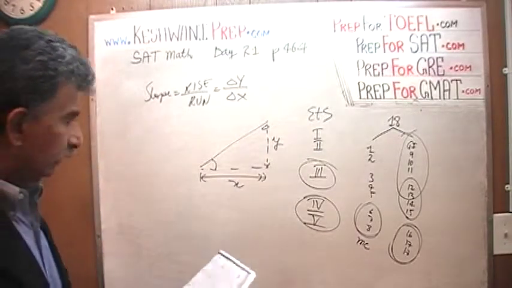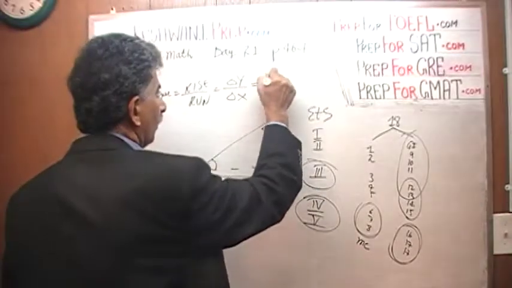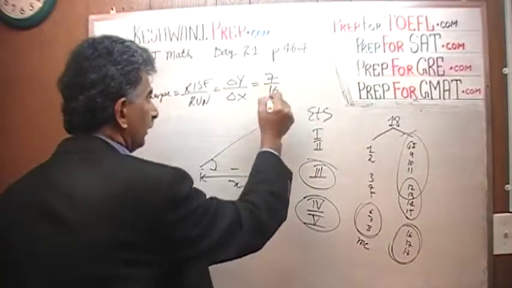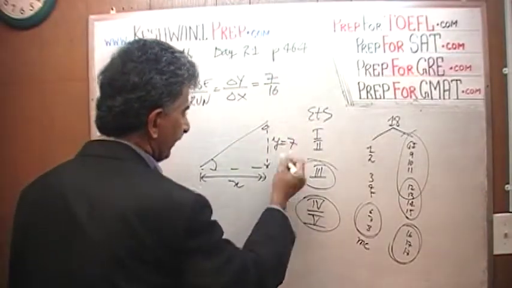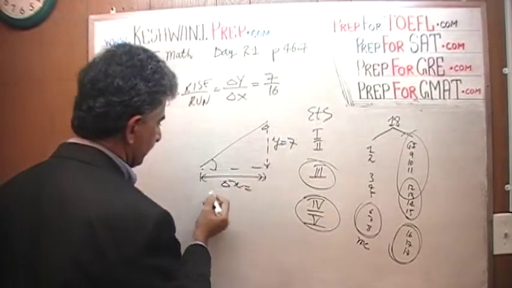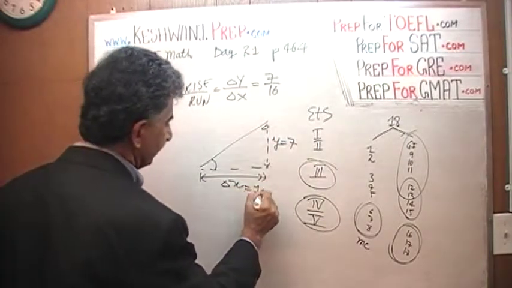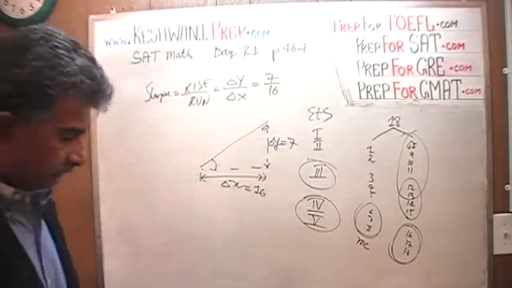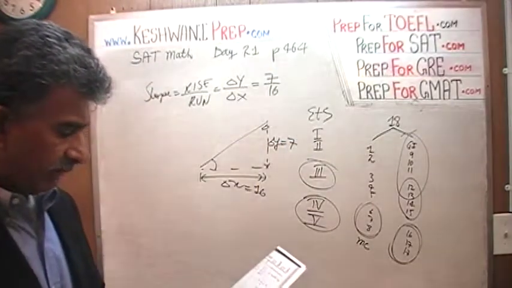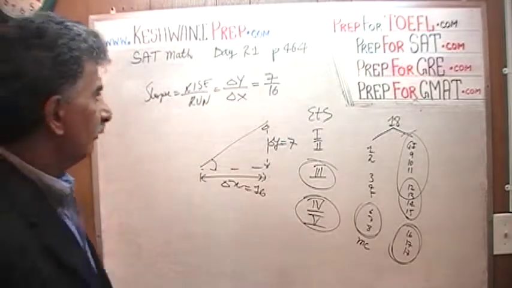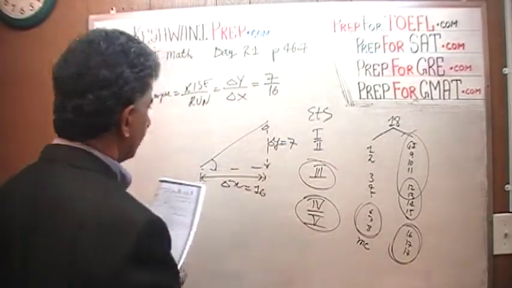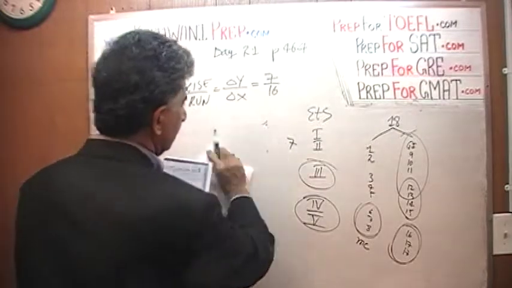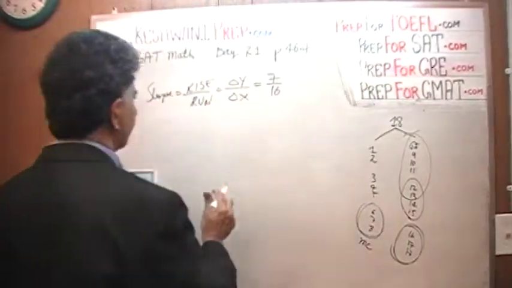The slope they tell you is 7/16. Which means this change in y must be 7, and this change in x, from here to here, must be 16. The question simply is, what happens if y is 3.5? Look, it's very straightforward, very simple.